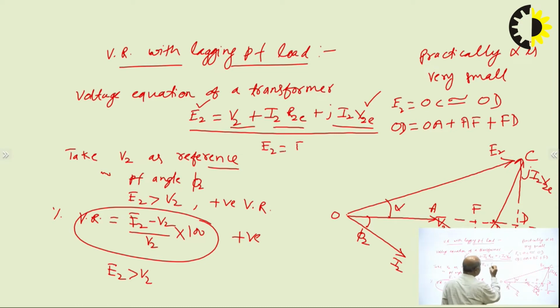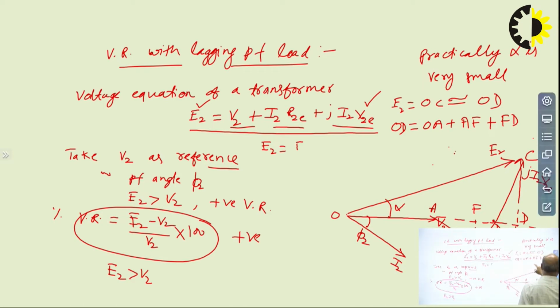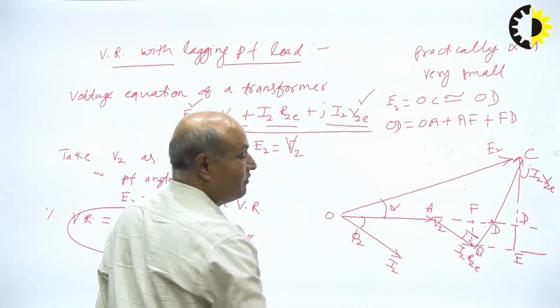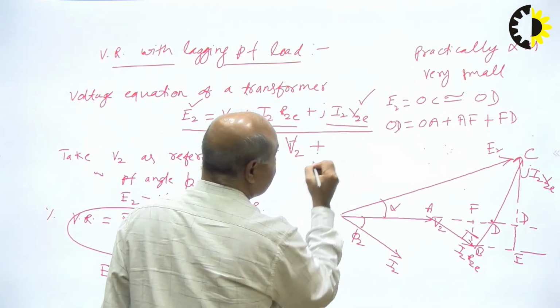What is OA? OA is our V2. So we are taking V2, and what will be AF?